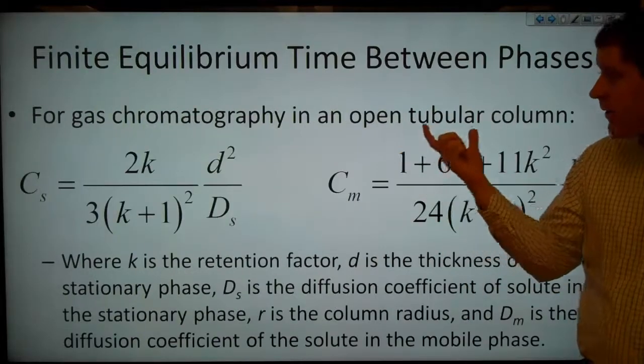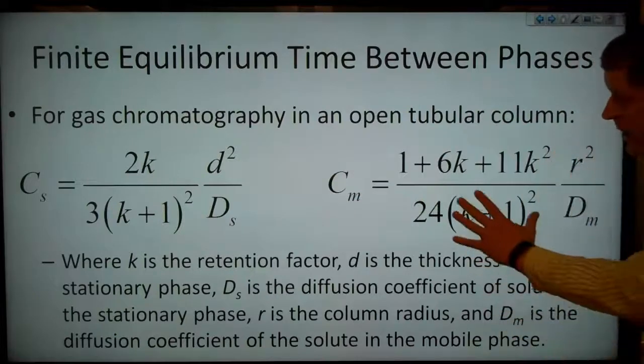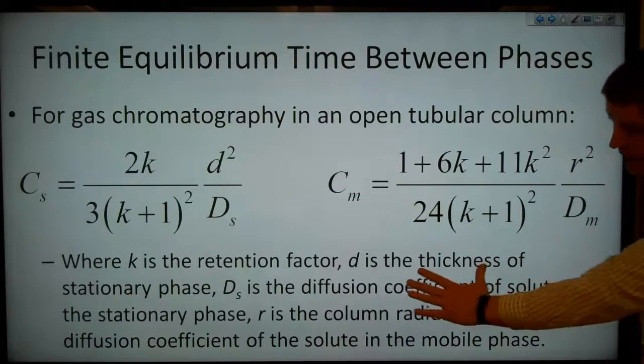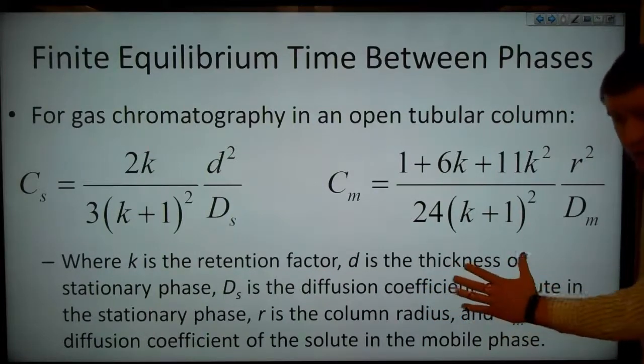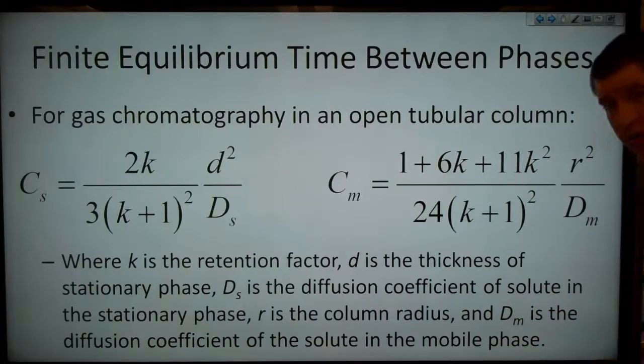Now for gas chromatography in an open tubular column, C_S is given by this equation, and C_M is given by this equation, where k is the retention factor, d is the thickness of the stationary phase, D_S is the diffusion coefficient of the solute in the stationary phase, r is the column radius, and D_M is the diffusion coefficient of the solute in the mobile phase.